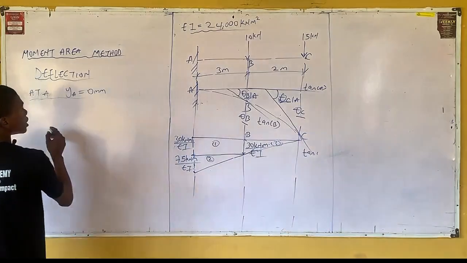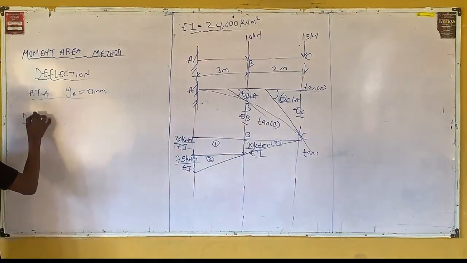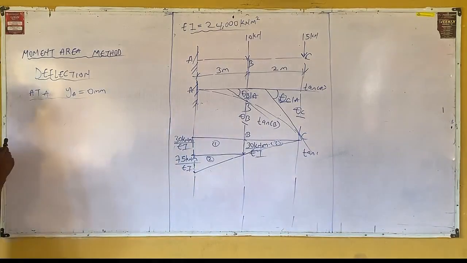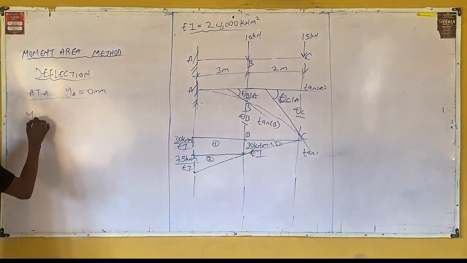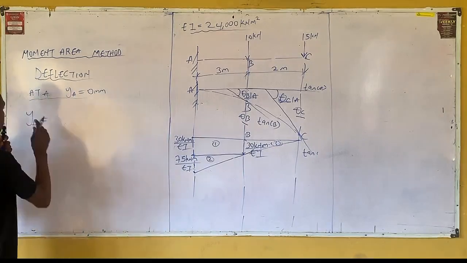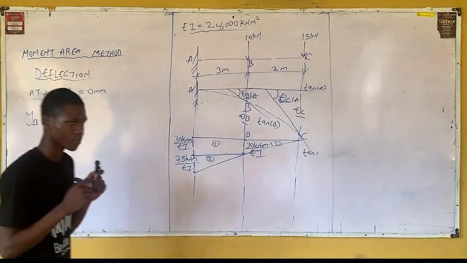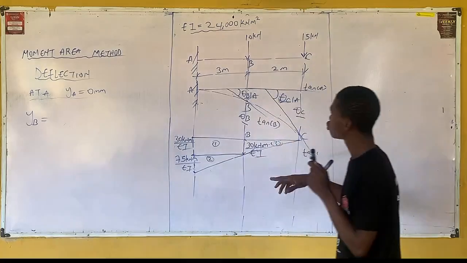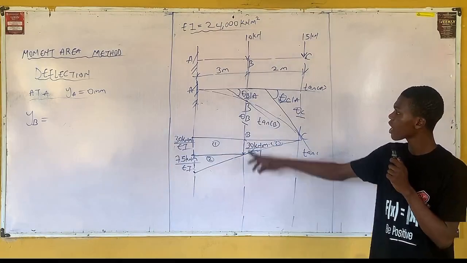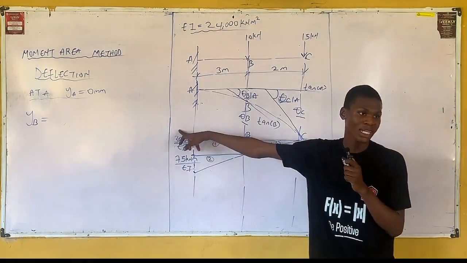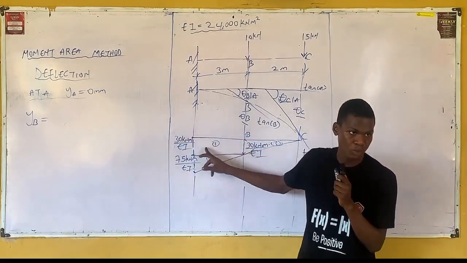Now, at B, deflection at B, meaning YB. What does YB mean? It is the area between B to A multiplied by the centroidal distance with respect to that point.